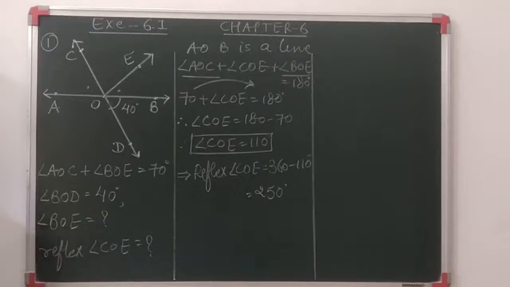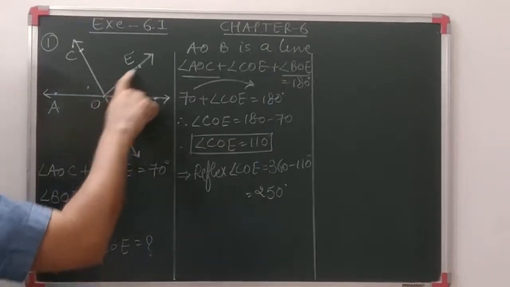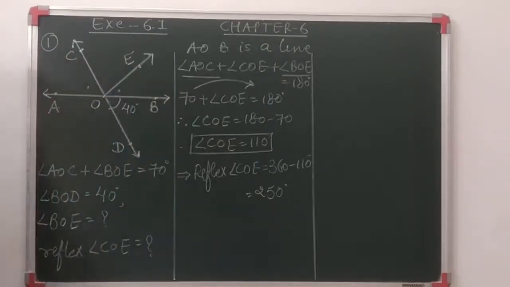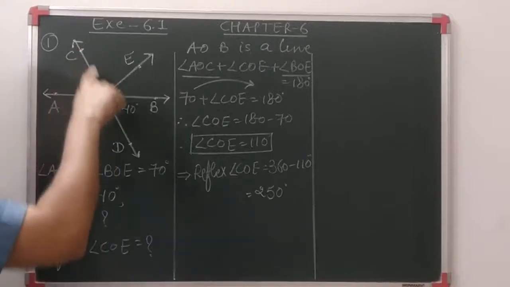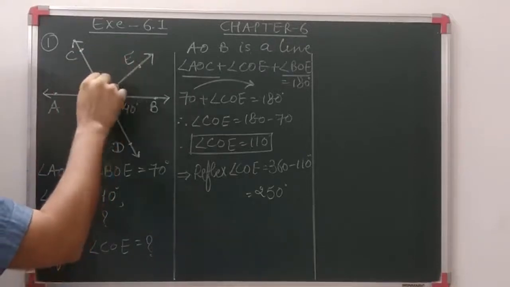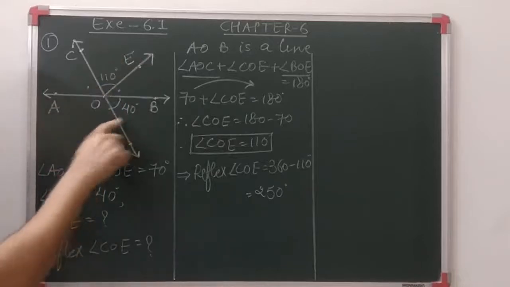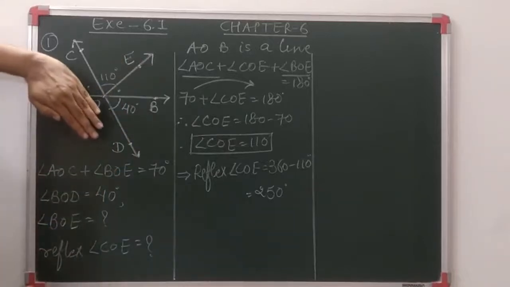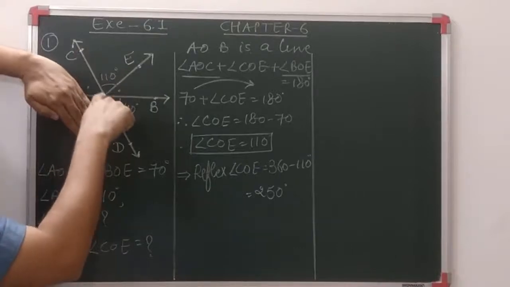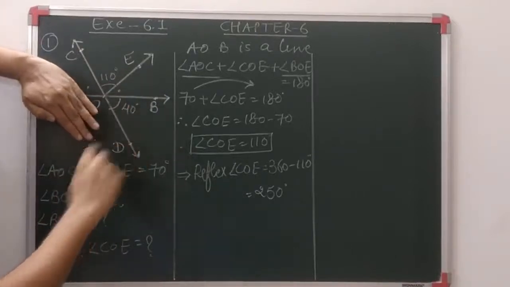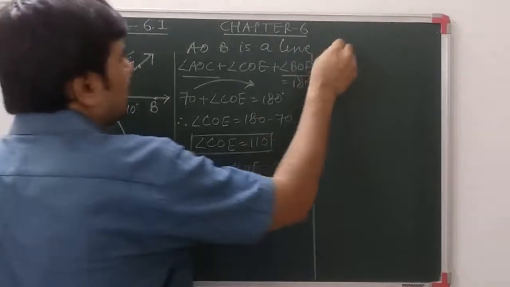Let's find out BOE. Now look here, we have COE, that is 110 degrees. This is 40 degrees. Forget this right now. So again we can see that COD forms a line. So let's do the same thing now.